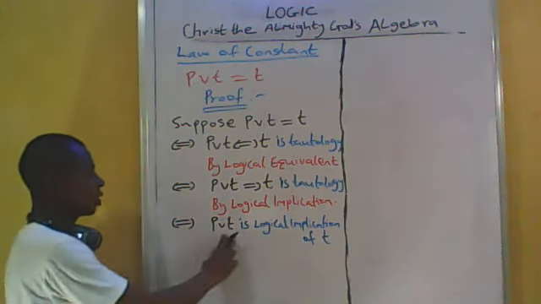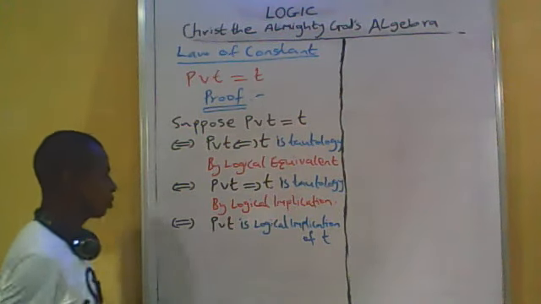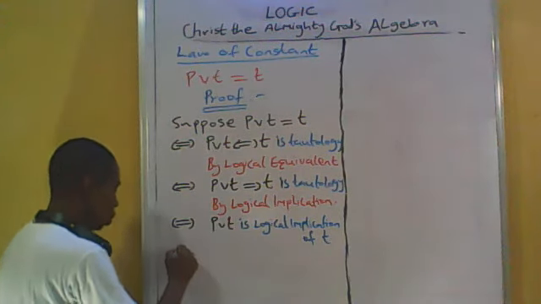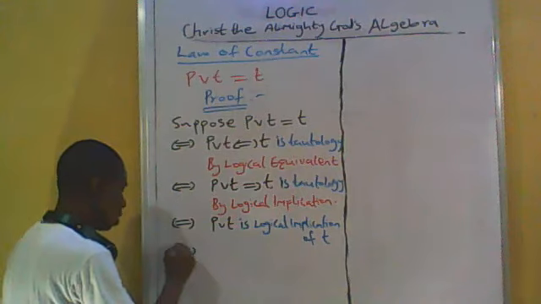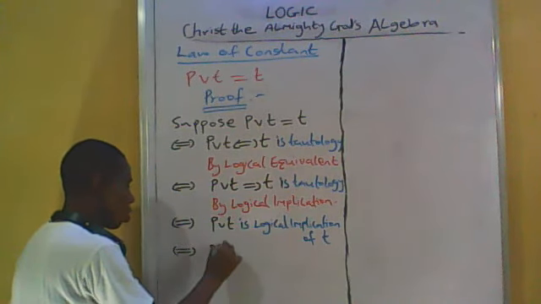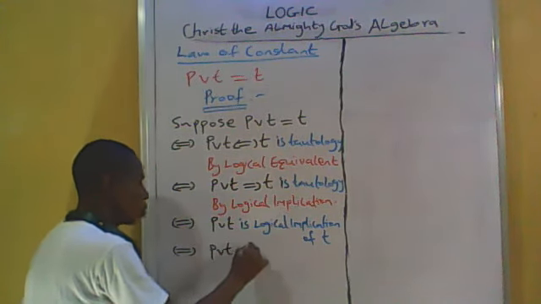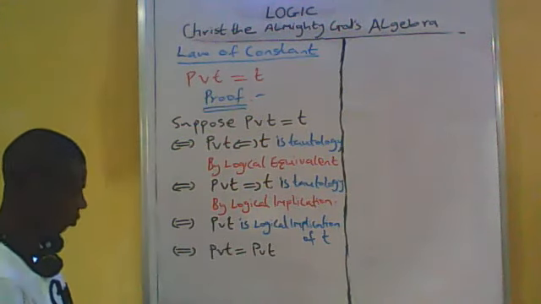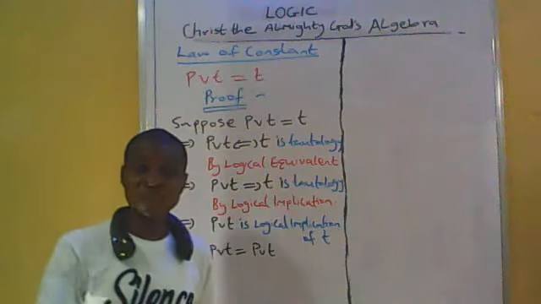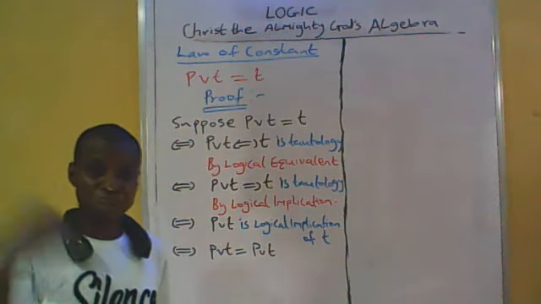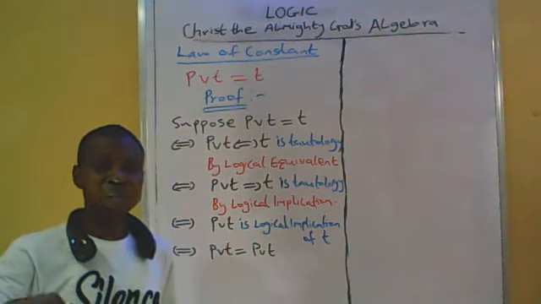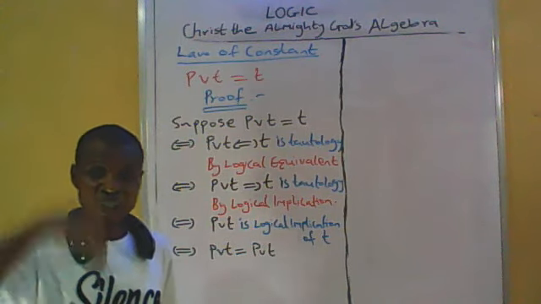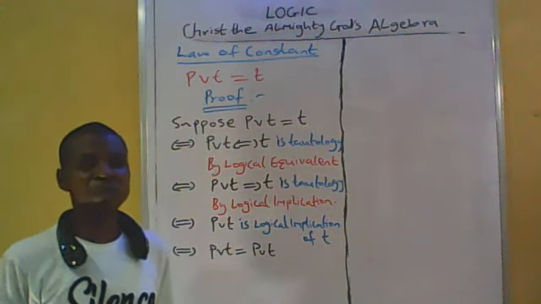Since P or T is logical implication of T is true, this must also be true: P or T is equal to P or T. That means it is true that P or T, that is logical implication, is equal to itself.